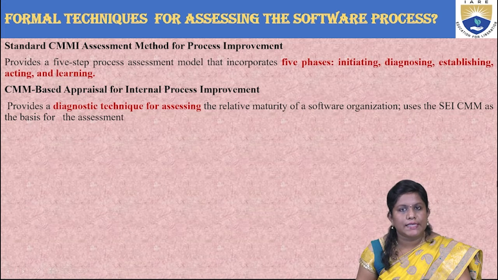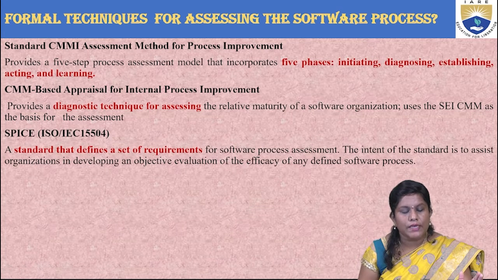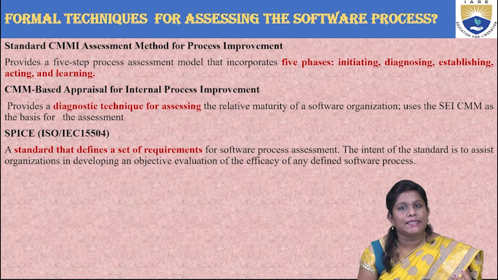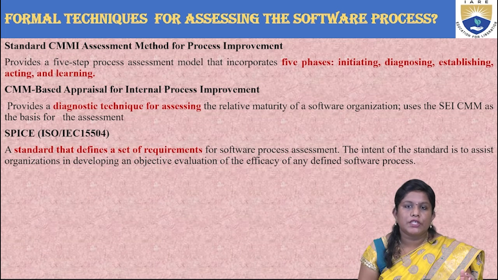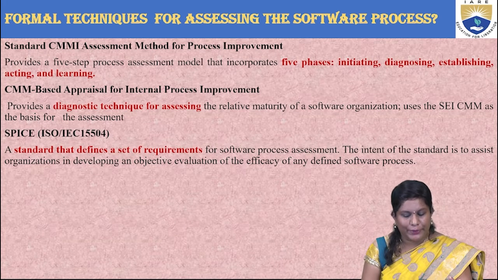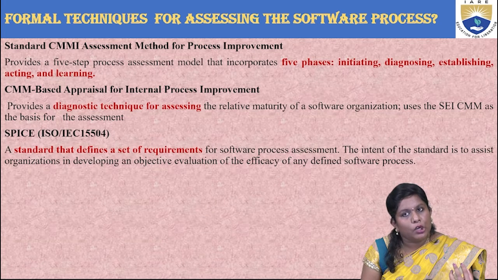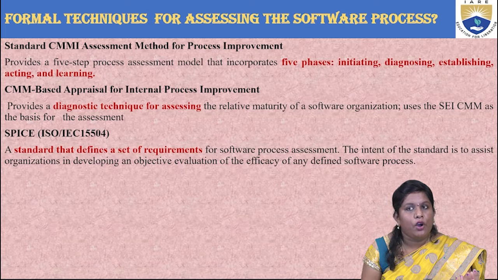Moving to the third standard, that is SPICE. It gives us a standard set of requirements to assess the project. The main intention of this standard, if you look at the screen, is to train organizations to first create a goal for evaluating the efficacy of any defined software process.